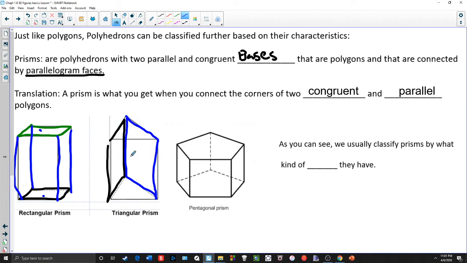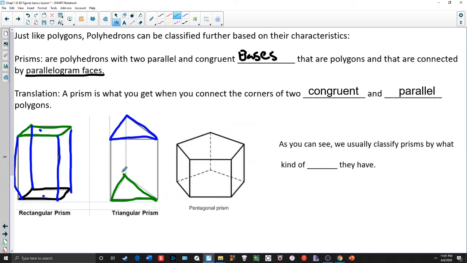And clearly these two rectangles are not parallel because they intersect right here. There's an intersection of their edges at this spot. So these cannot be my bases because they're not parallel. They might be congruent, but they're definitely not parallel. So that's why it's a triangular prism, because the bases that are congruent and parallel, the key word there being and parallel, are the top and bottom.